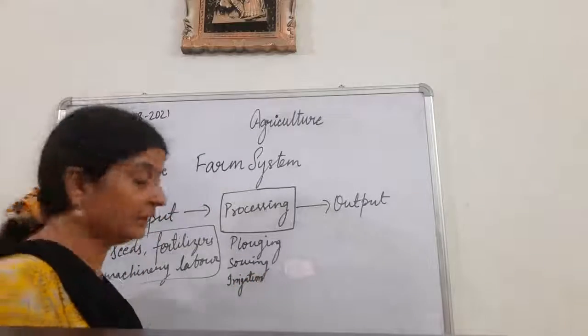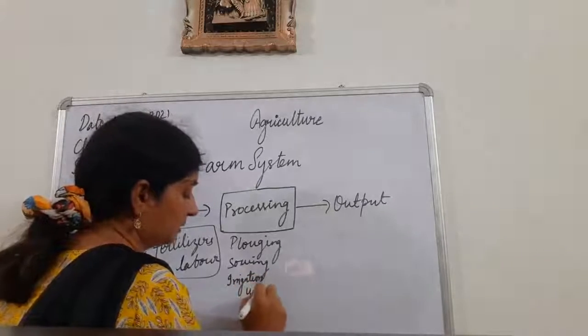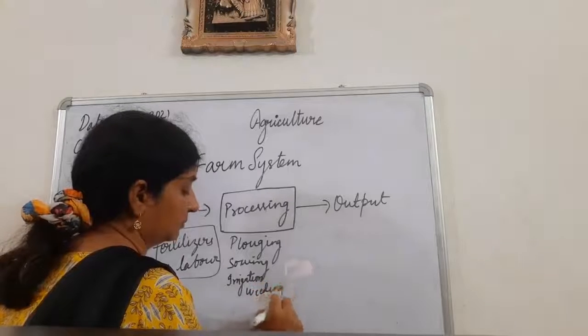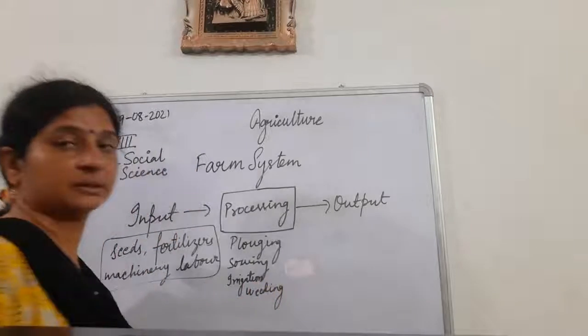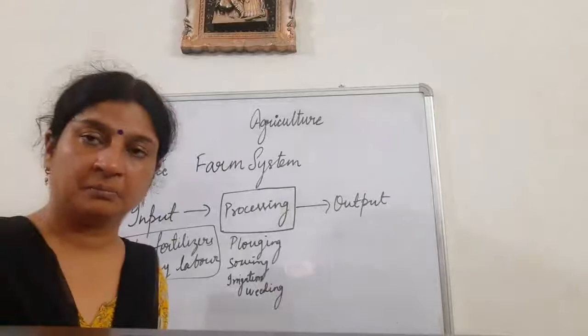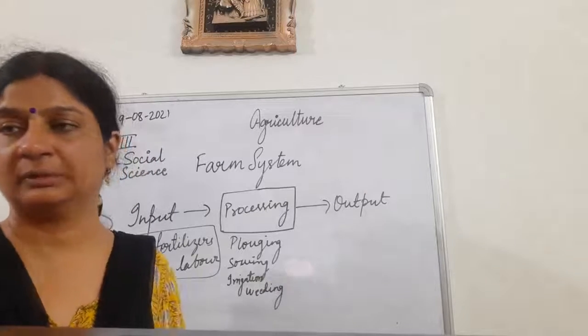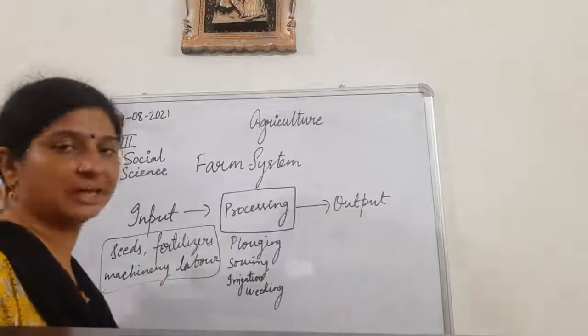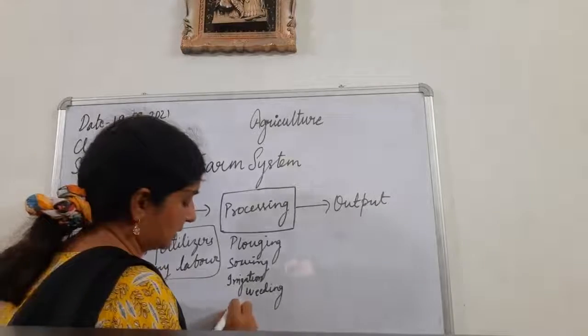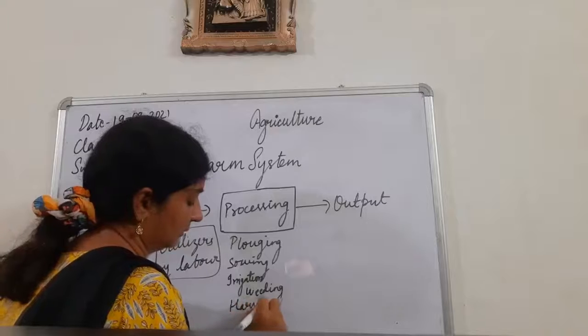And then weeding: unwanted plants जो main crop के साथ उगते हैं, उनको हटाने का process weeding कहलाता है. And then the last one is harvesting, जब हम फसल की कटाई करते हैं.